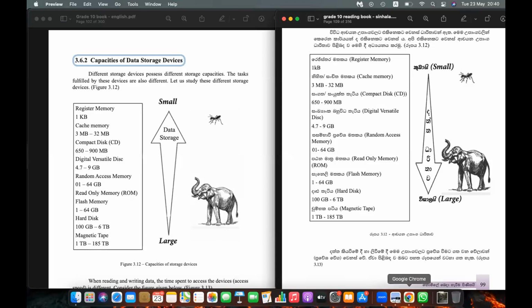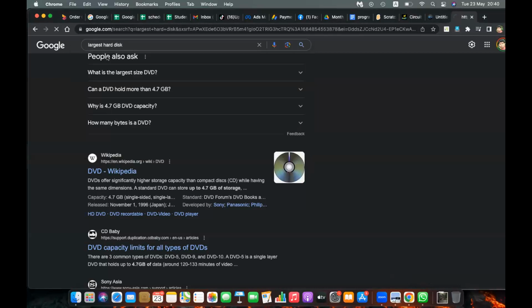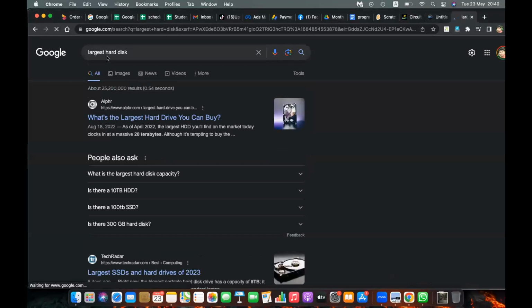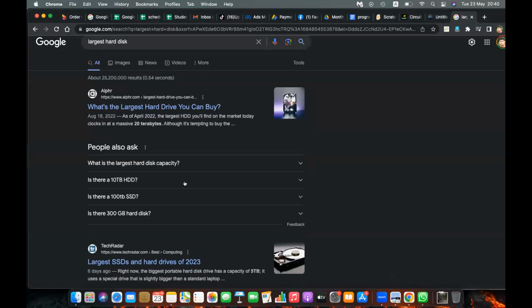If you ask what is the largest hard disk by today, if you find the largest hard disk size, here you can see it is 20 terabytes in the market, right? As of April 2022.